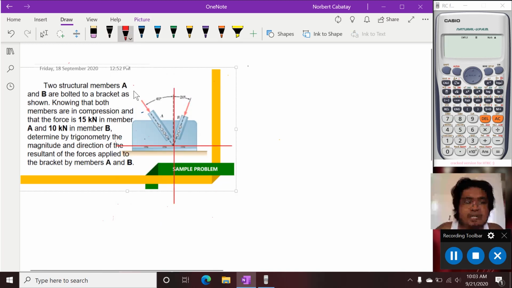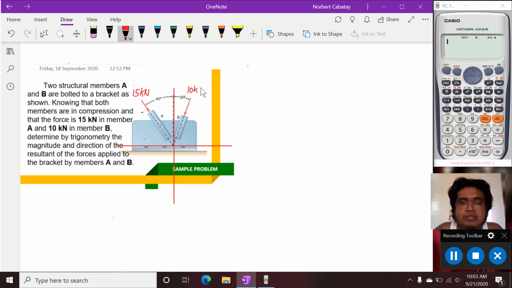This will be the 15 kilonewtons acting from member A, and this is the 10 kilonewtons force acting at B.